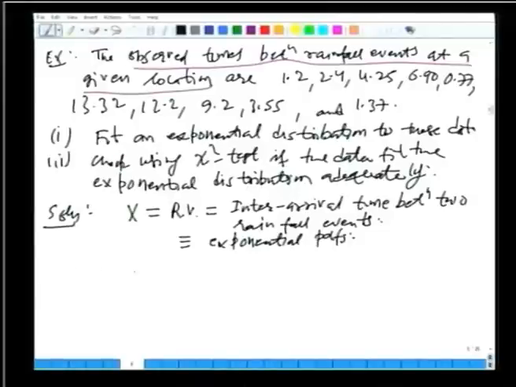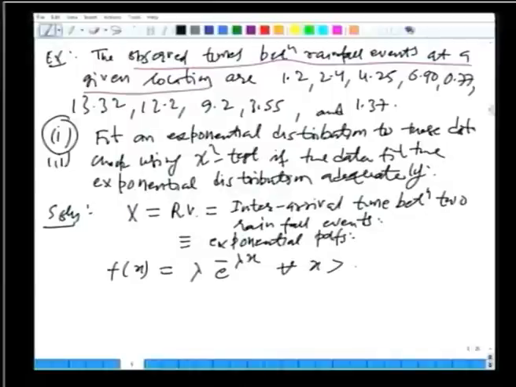So, what do we do first? The first part is to fit the exponential distribution. What is the exponential distribution? Well, we have seen the PDF is given as lambda e minus lambda x for all values of x greater than 0. What does this mean now? The inter-arrival times can they be negative?